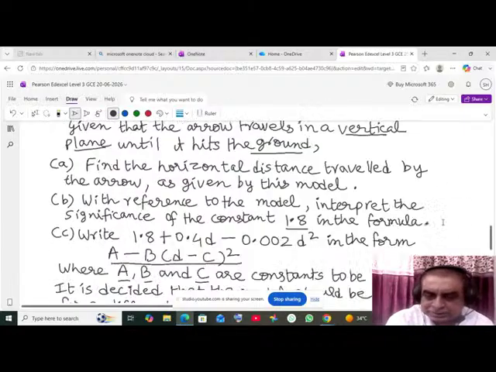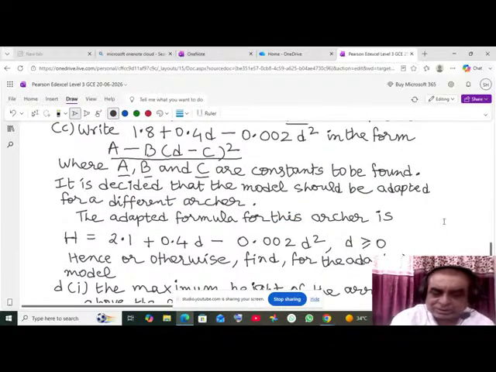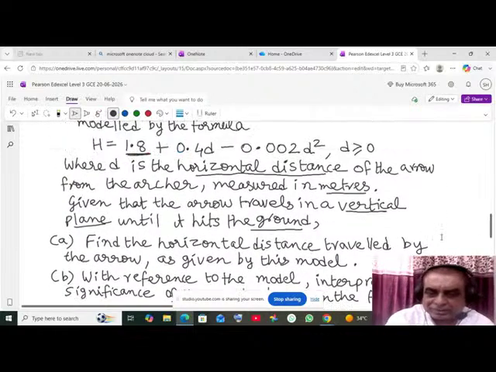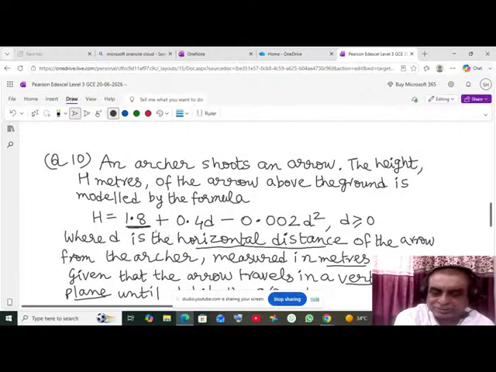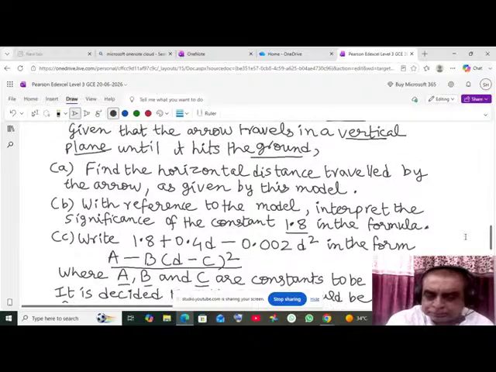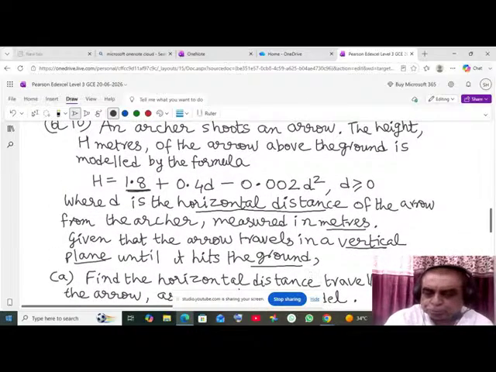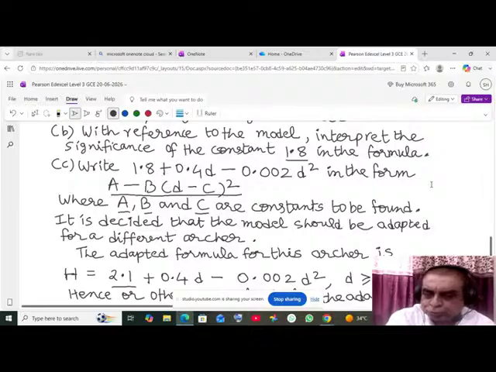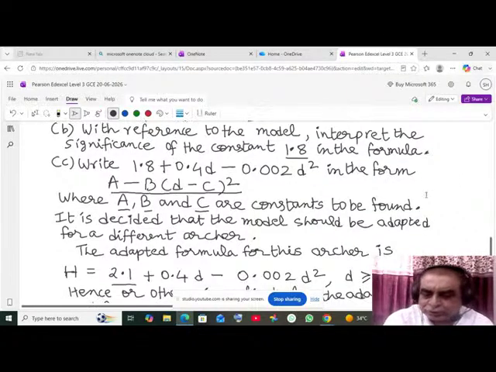In this adapted model, the constant number is changed to 2.1, and the other terms are the same as in the previous model: 0.4d and minus 0.002d squared, where d is greater than or equal to 0.